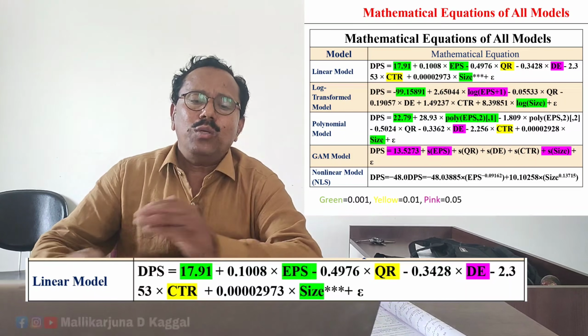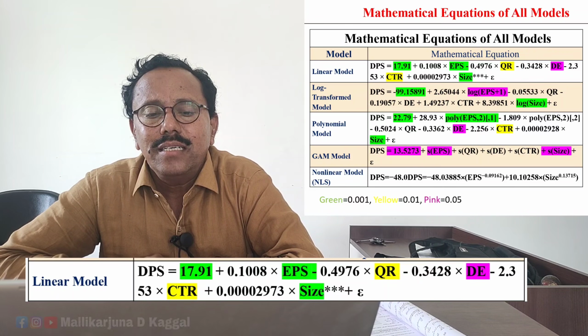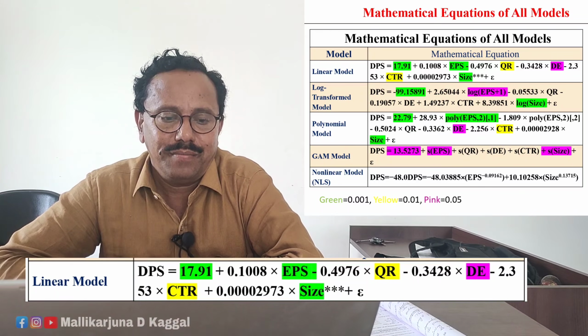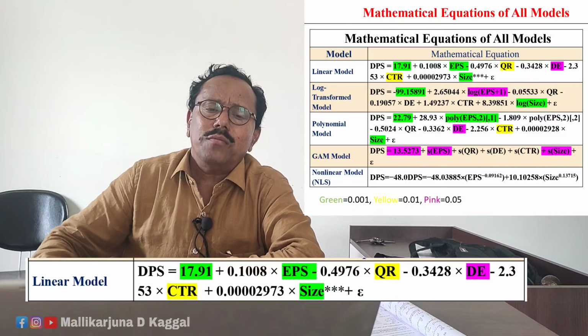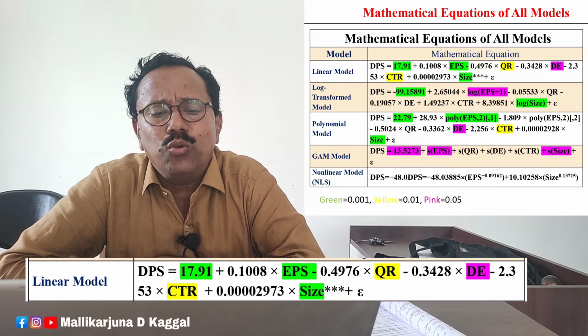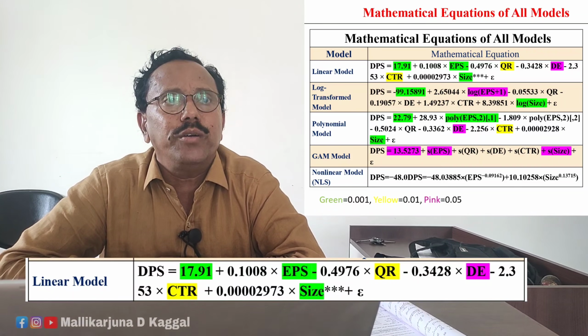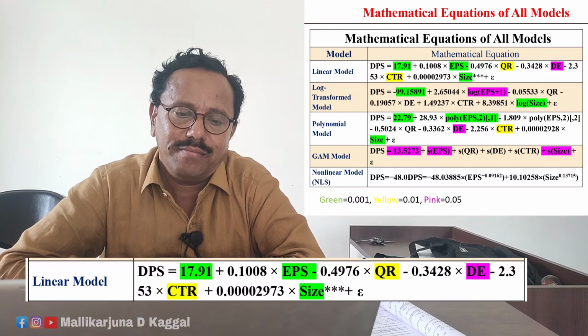This is how it can be interpreted from your coefficients. Like that all will be the same. What may be the change in DPS due to a change in 1 unit of EPS, 1 unit of QR, 1 unit of DE, 1 unit of CTR, 1 unit of size.